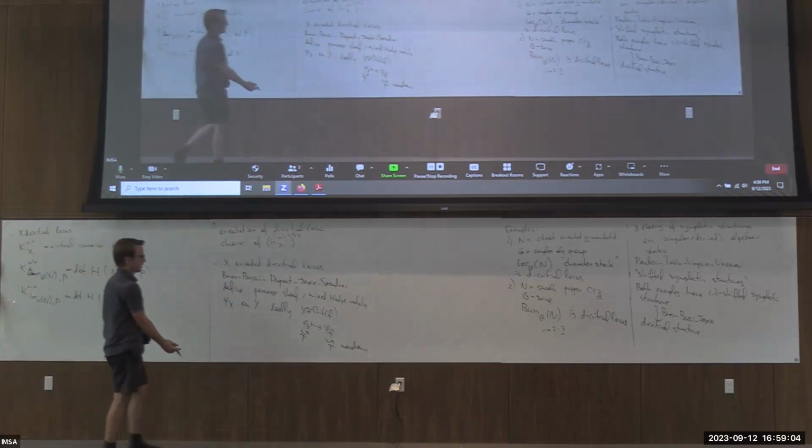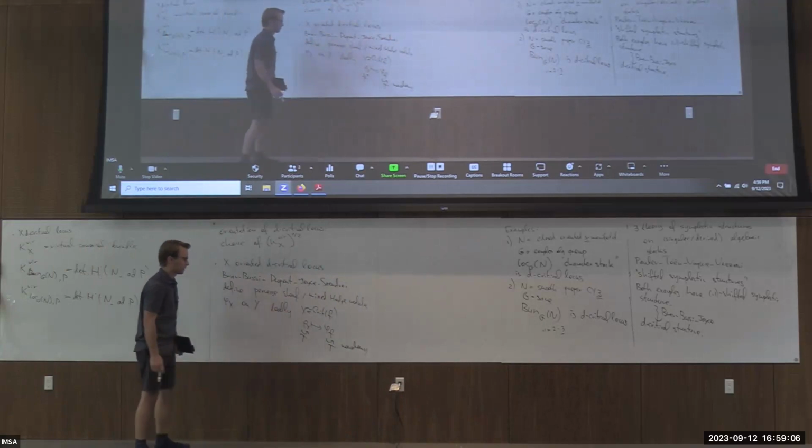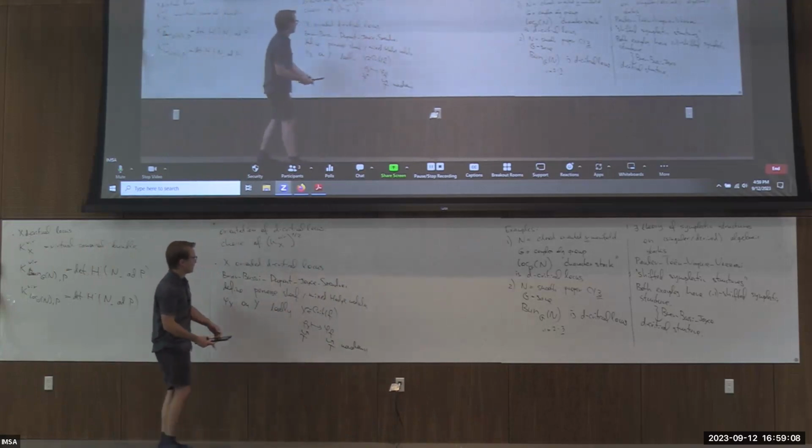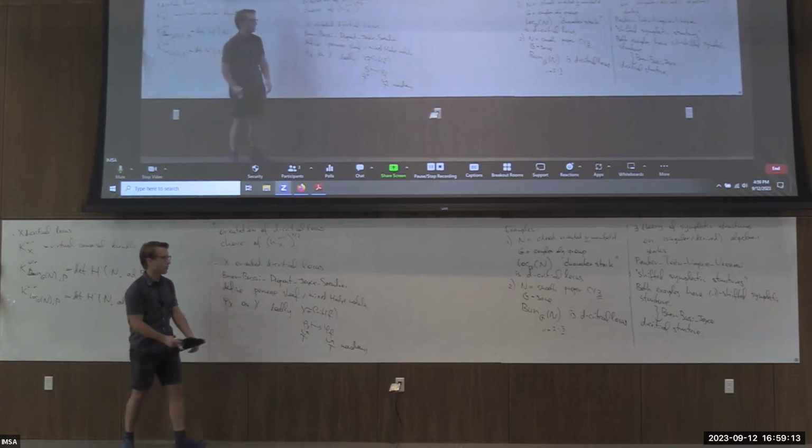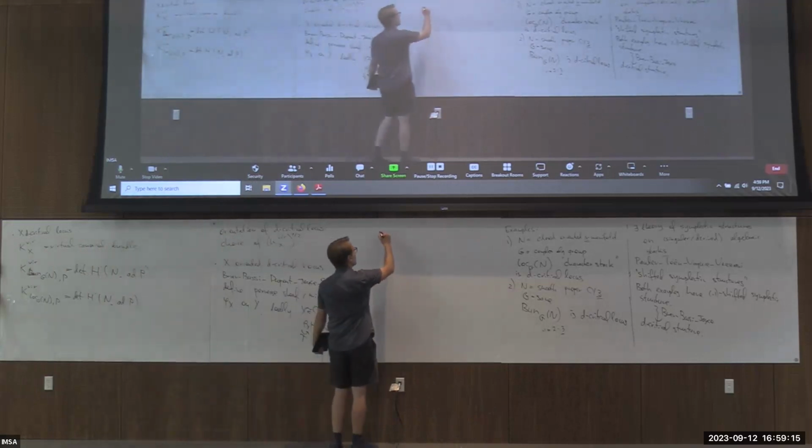And so the reason I'm talking about this sheaf is that we can now define a special kind of homology of the oriented derived locus.